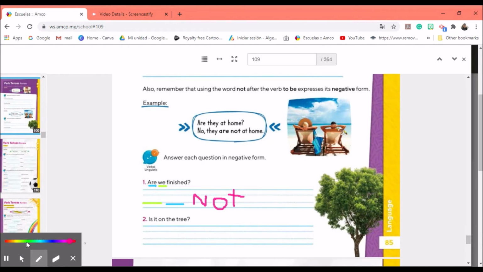And complete it with the object of the sentence. So your final answer should look like this. We are not finished. Make sure you complete question number 2 on your own.